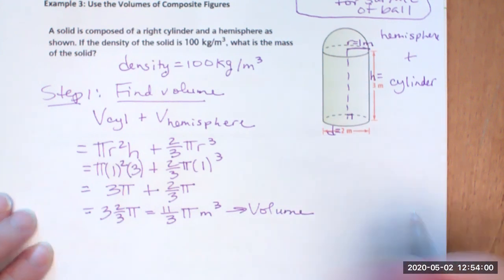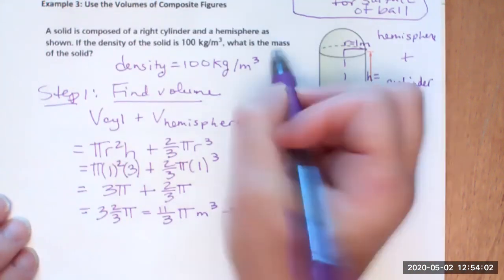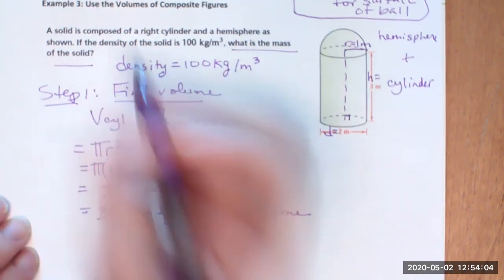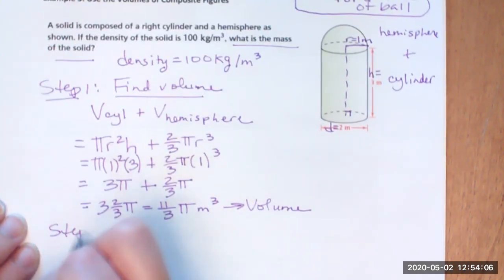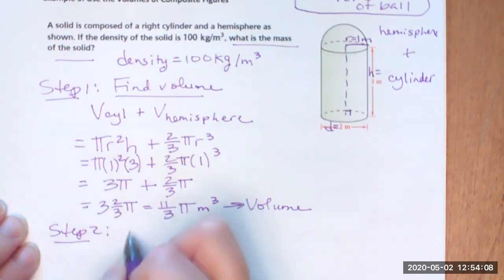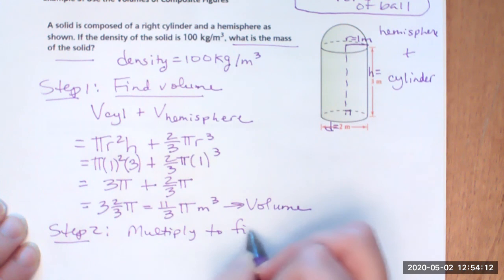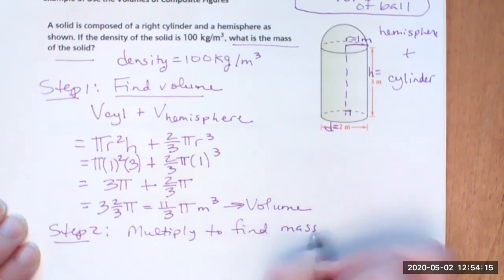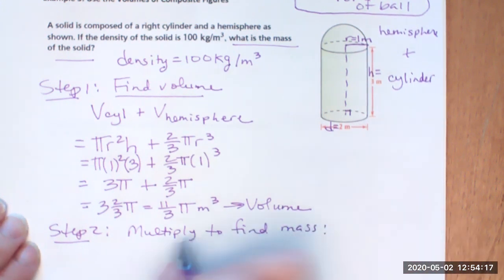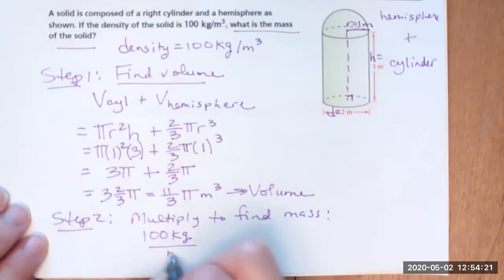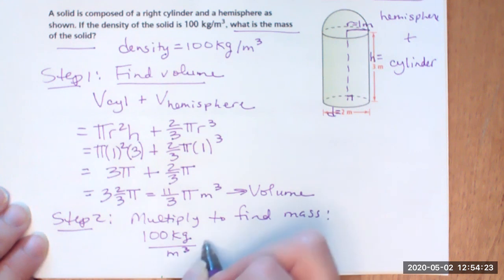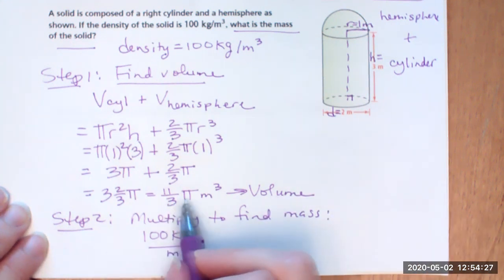Now, to find the final answer, which is the mass, that's step 2. We're going to multiply to find the mass of the composite figure, because we know the density is 100 kilograms per cubic meter times 11/3 pi meters cubed.